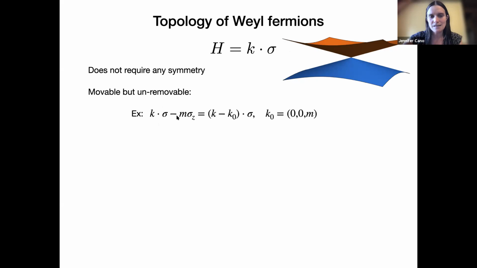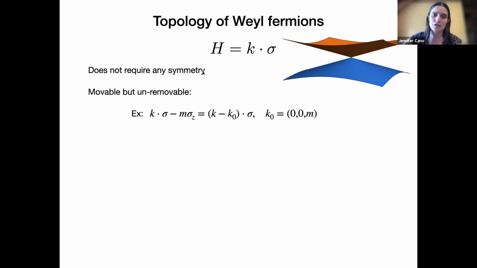You can see that since all the Pauli matrices are present already, any additional term that you add will just move the Weyl fermion around. So it'll open a gap at one place, but it'll be closed somewhere else. And this cute phrase, movable but unremovable, has been used to describe this situation. We can move these things around, but we can't get rid of them.